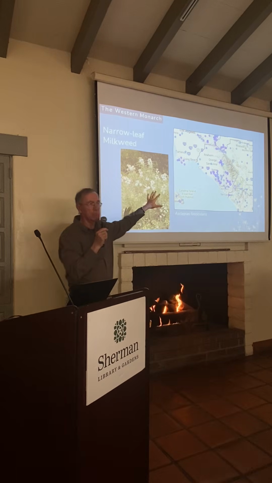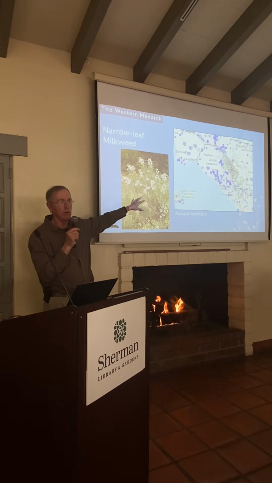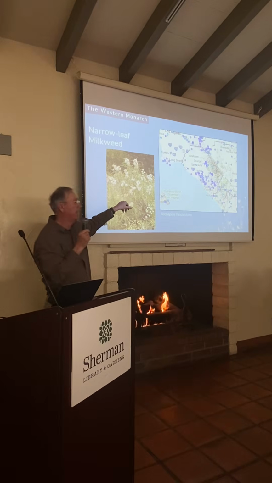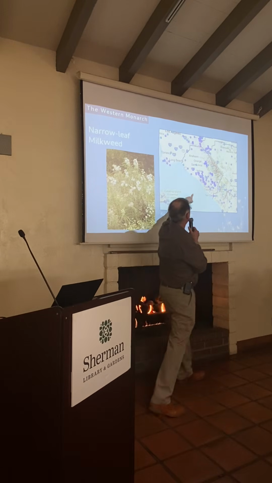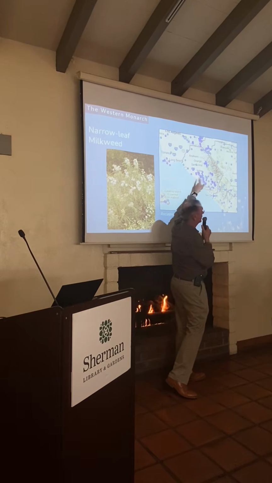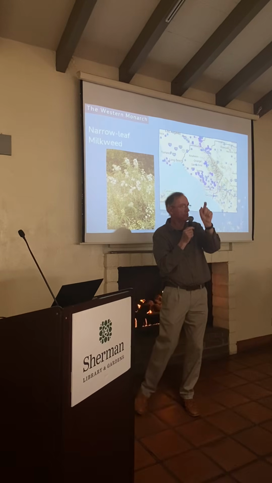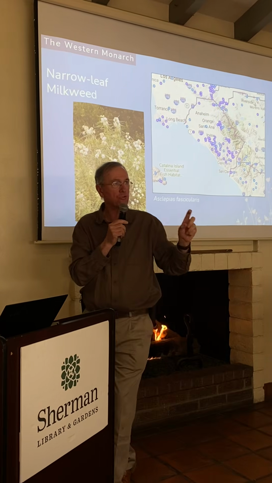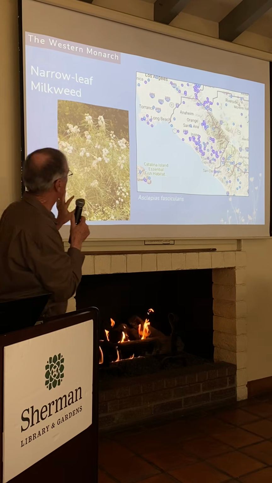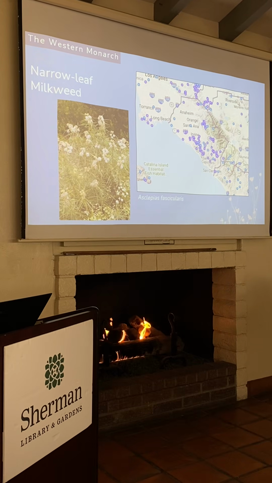These are native populations, these are not counting plants in gardens on this map. Notice also that it doesn't occur very much right along the coast. There's a band there where there's almost no dots. That's kind of important to know. But that's the natural distribution of the plant.